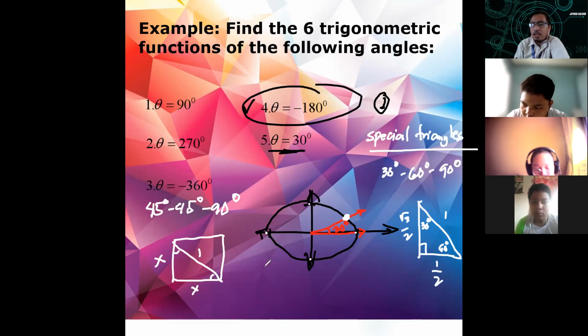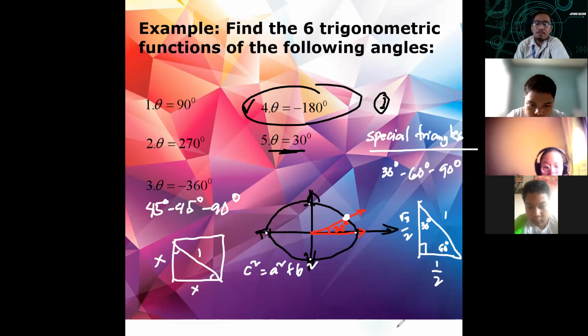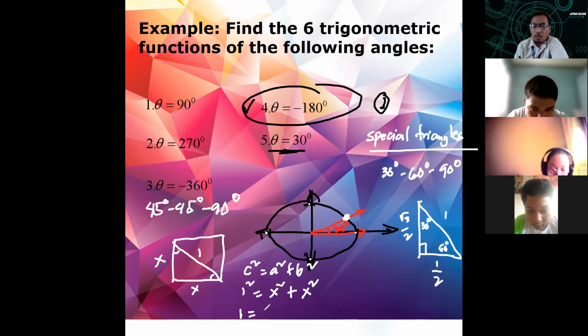Again, you can use the Pythagorean theorem that c squared is equal to a squared plus b squared. Your c is 1, so that is 1 squared equal to, your a is x, so that is x squared. Your b is also x, so that is also x squared. If you combine this, it will be 1 equal to 2x squared.